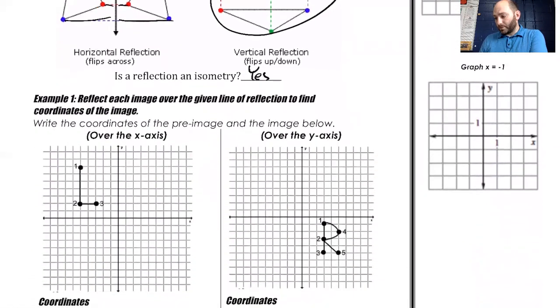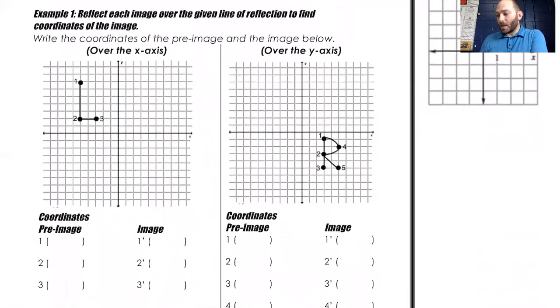All right, so let's practice that. I'm going to reflect this L over the x-axis. So that means it's actually going to be doing a vertical reflection. Now, when I look at this, every point is going to be the same distance to the x-axis as it is to the reflection.